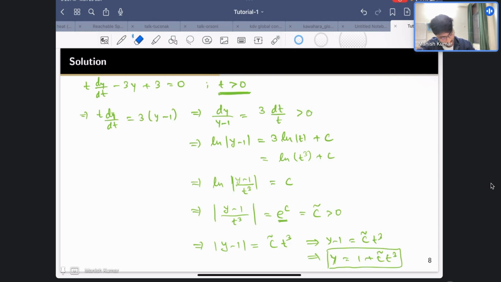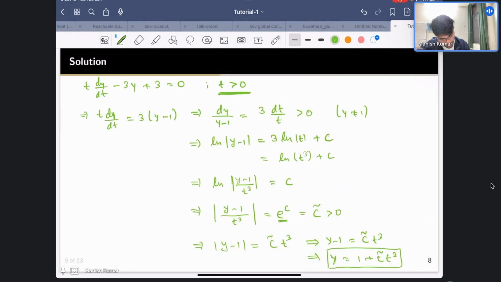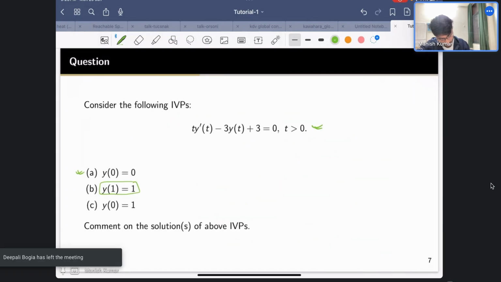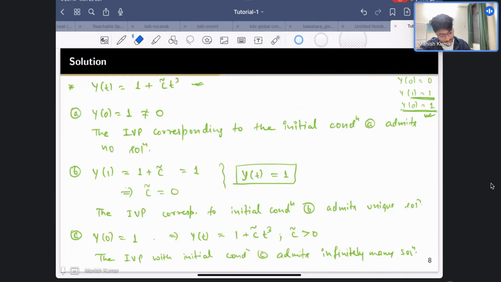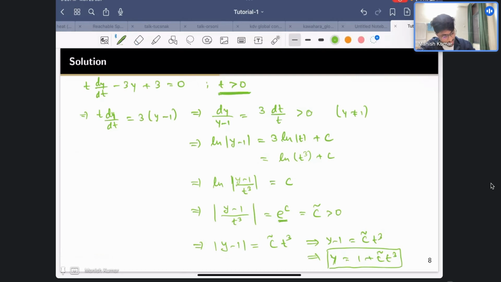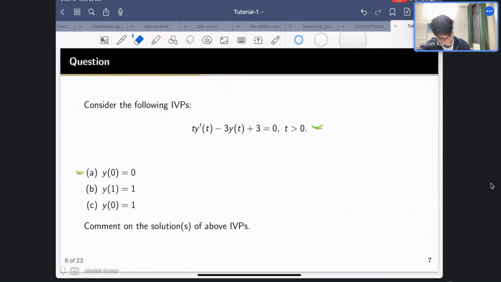So here we are assuming y is not equal to 1. But then in the second initial condition, we are putting the condition that y(1) is 1, right? So this condition can be dealt with separately.